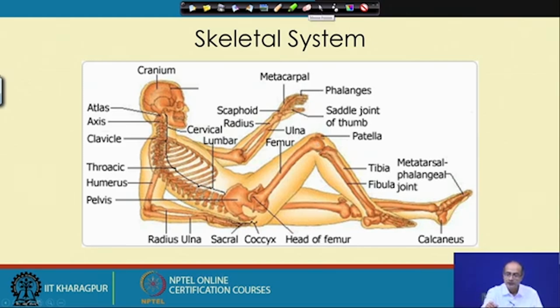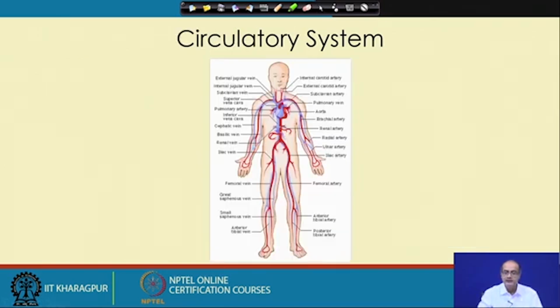So, this is about the skeletal system. We should move to the next system. The next we have taken is the circulatory system. In the circulatory system, we know that we have a pump in our body, that is the heart, and we have two different kinds of pipes or vessels.